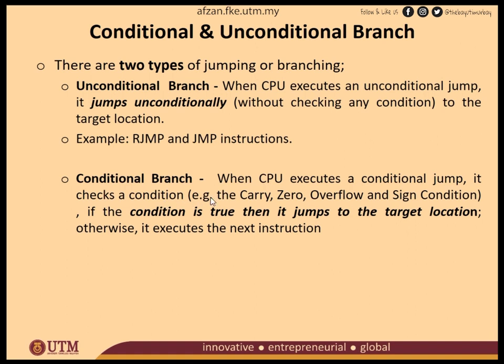These conditions are inside your status register, where you can see the carry flag, zero flag, overflow flag, sign flag, and any other flags you need to check before making the jump. If the condition is false or not met, the CPU will execute the next instruction after this conditional branch.